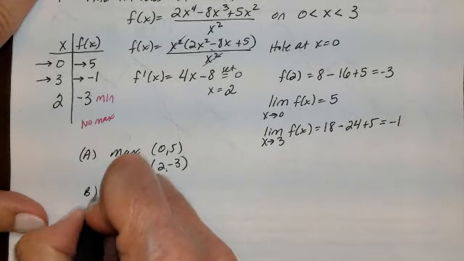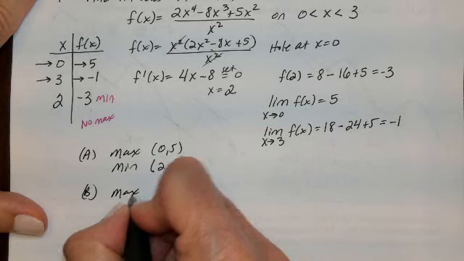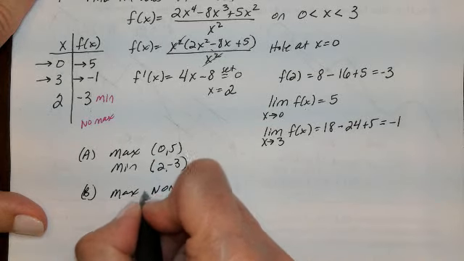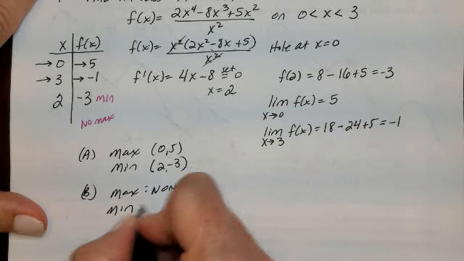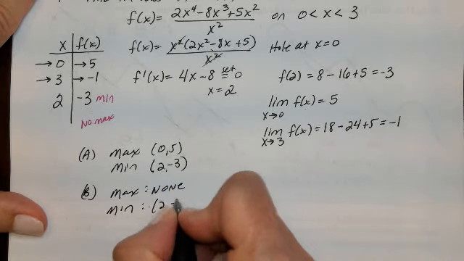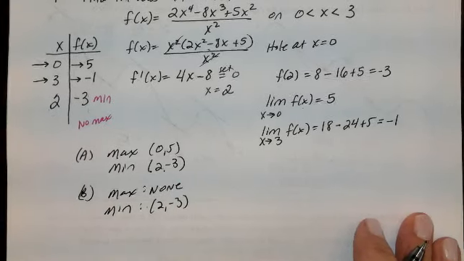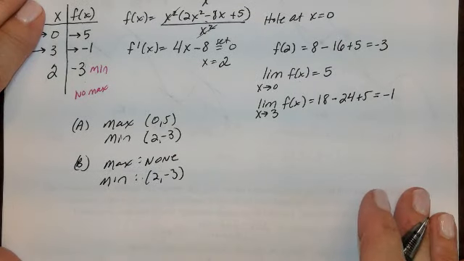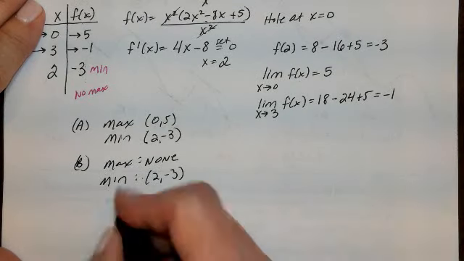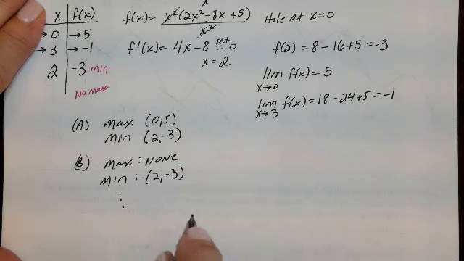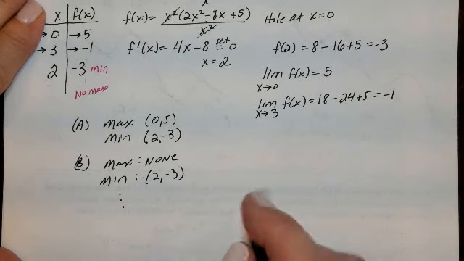Answer choice B, maximum, none. Minimum, 2, negative 3. That would be our correct answer. And then I'd make up some more choices.